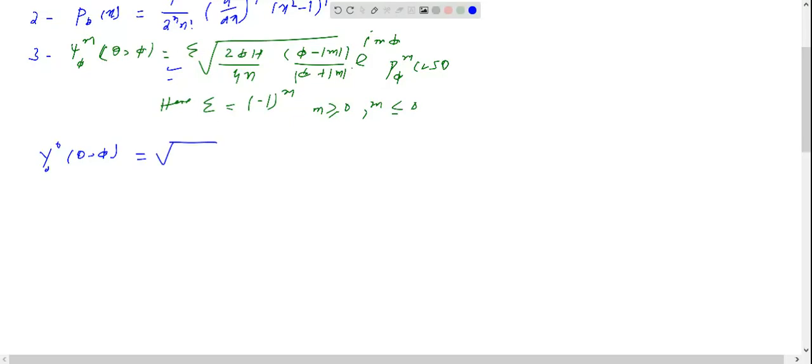So under root of 1 out of 4 pi into, as n is equal to 0, 0 factorial into 1 into P0(cos theta), as this is the Legendre formula, this is equal to 1.